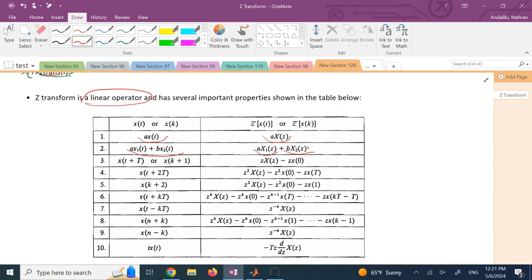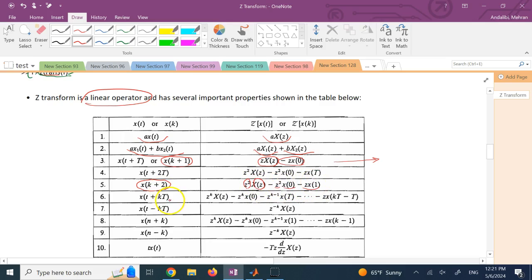Then here, if you look, if you apply it on x of k plus 1, so the function is basically one sample time ahead, then the Z transform of that is going to be z times X of z minus z times x of 0. If you do it on the one that is 2 sample times ahead, then it's going to be z squared X of z minus z squared x of 0 minus z times x of 1.